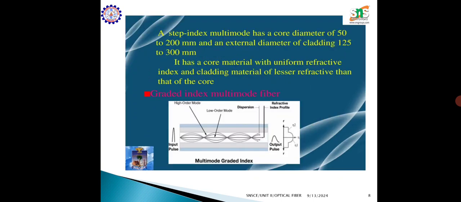In graded index fiber, the refractive index is maximum at the core center and gradually decreases, and it attains zero value at the core cladding interface. This is called the graded index fiber. It can be used for communication purposes in short and long distances.